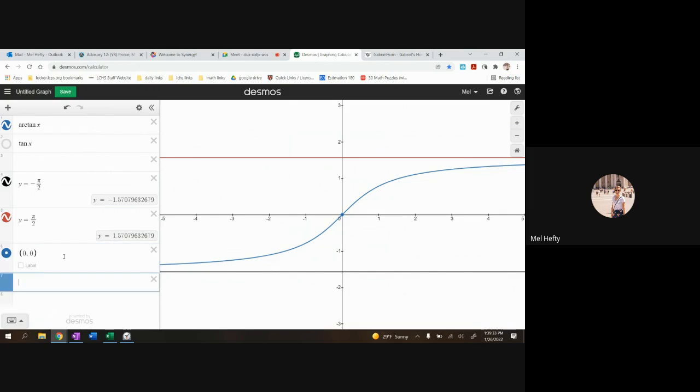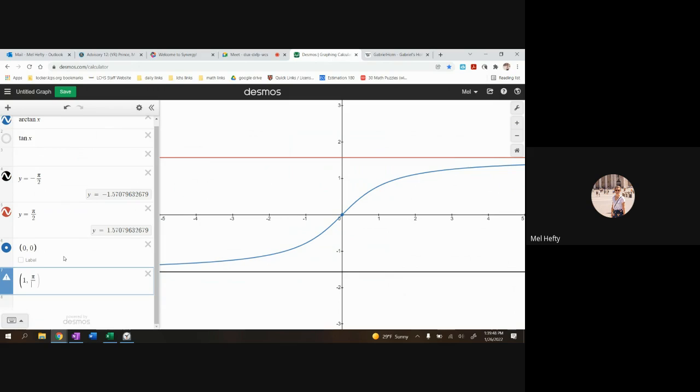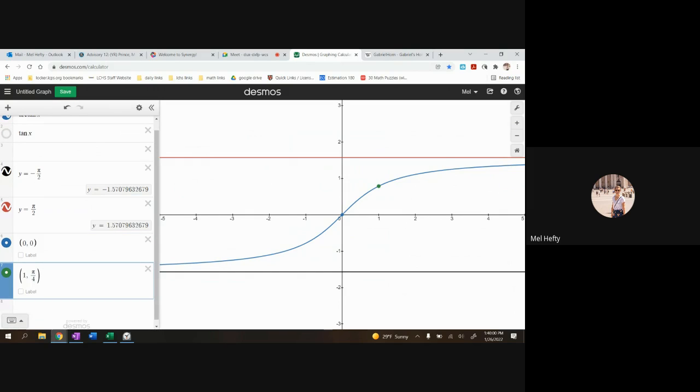Now, 1, comma, what point is on this graph? At what angle is tangent 1? Hint, it has a pi in it. Pi over 4. So arctangent of negative infinity, arctangent of positive infinity, arctangent of 0, arctangent of 1. Those are the 4 values you need to know for arctangent.